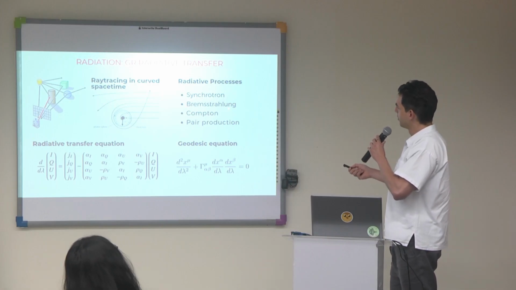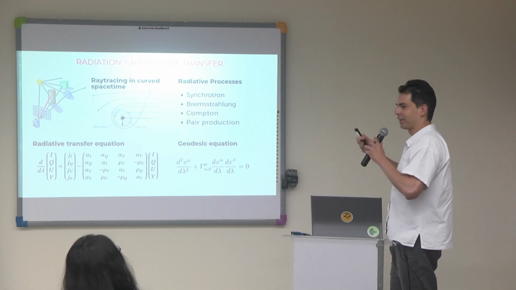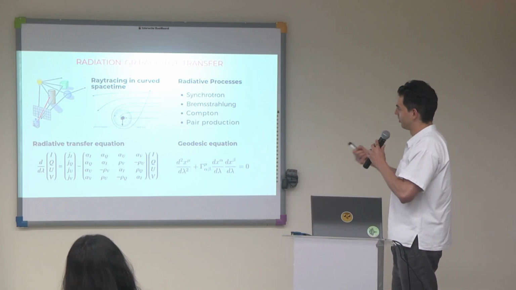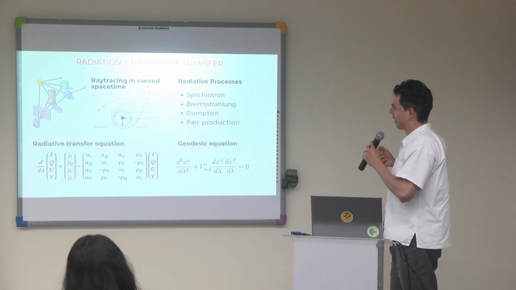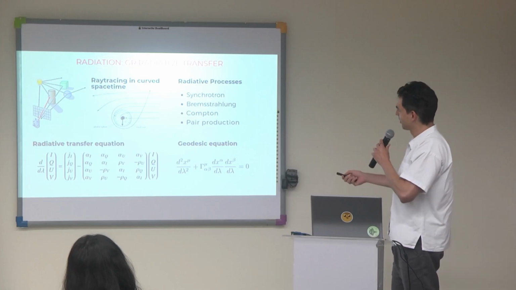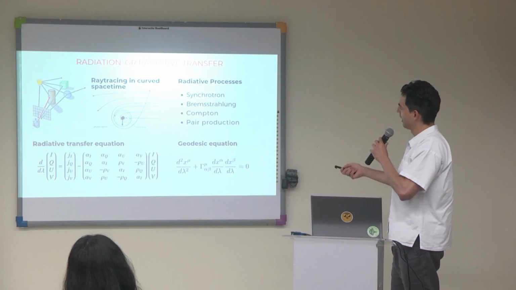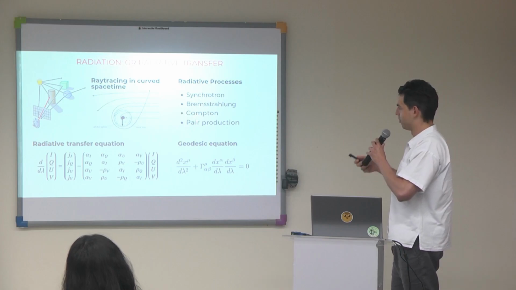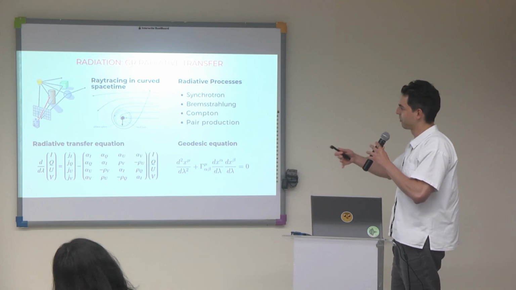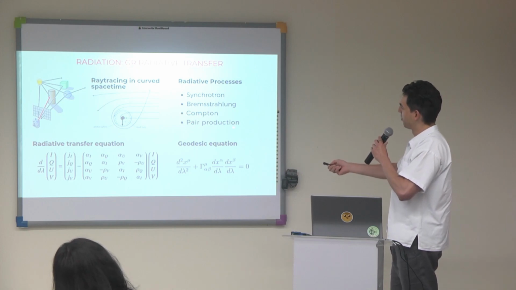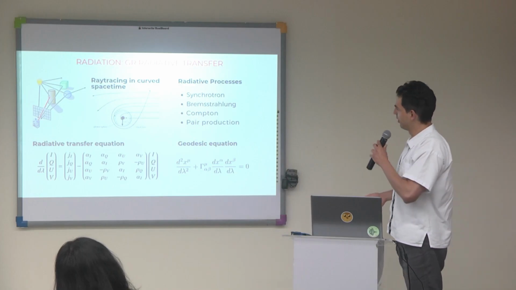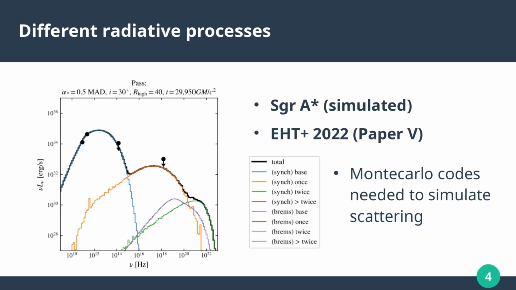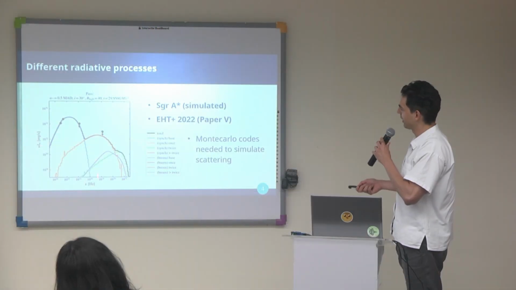We also have Bremsstrahlung, which is associated to having very, very hot plasma, and the mechanism is radiation from accelerating charges. We have also Compton radiation, which is scattering, and for very energetic photons, in the range of gamma rays, we may see effects from pair production. However, at the wavelengths that the EHT is typically observing, we have mainly only synchrotron radiation.